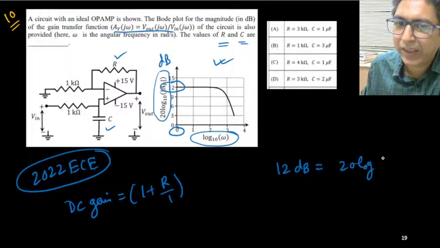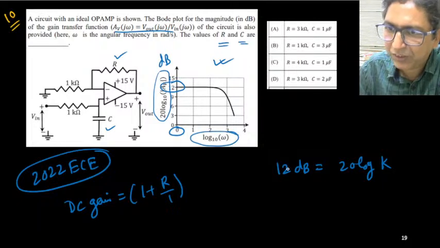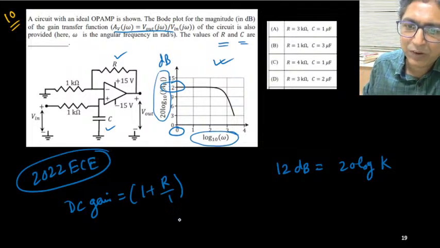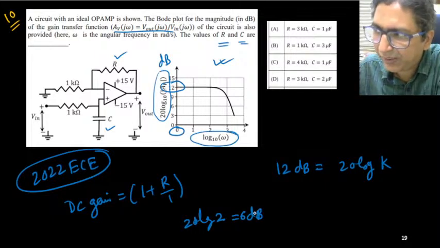Suppose the gain is K. So 20 log of K equals 12 dB. So what is the K value? First, you need to identify the K value. Okay. You need to understand a few things. 20 log 2 is always giving 6 dB.